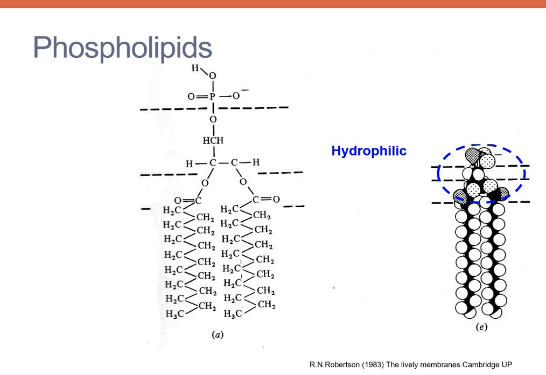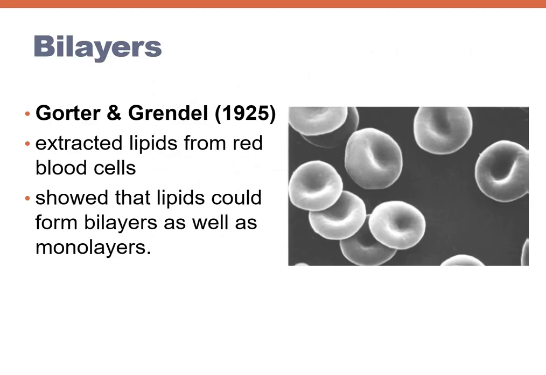This hydrophilic part, the head, is always attracted to get in contact with water, while the hydrophobic part, that is the tail, wants to be away from water and protected from water. Thus they create what we call bilayers.